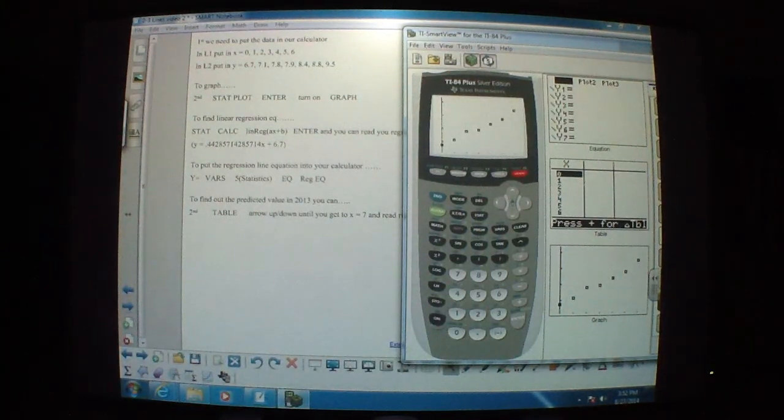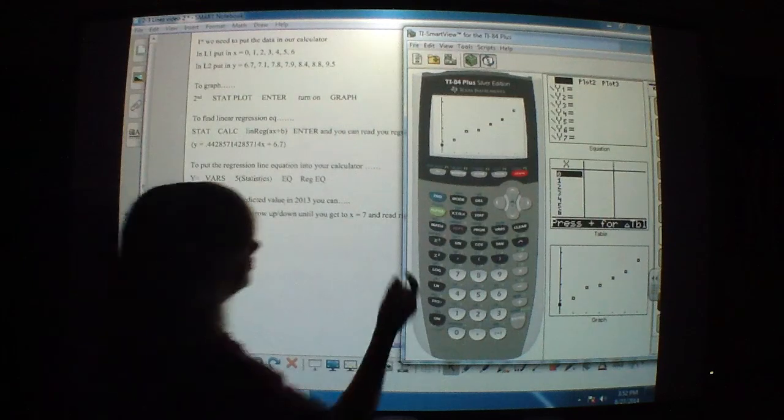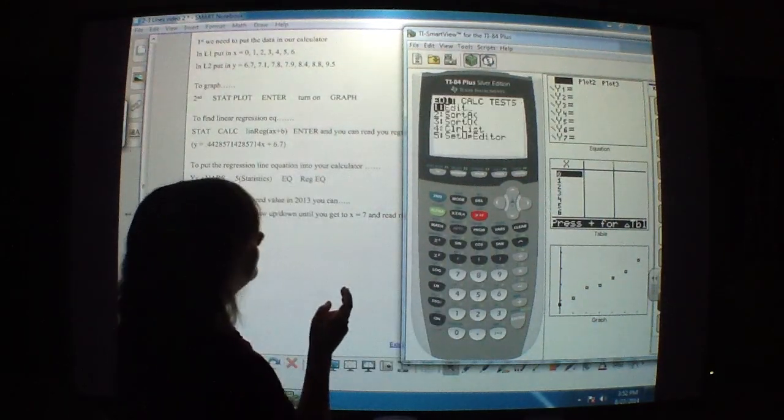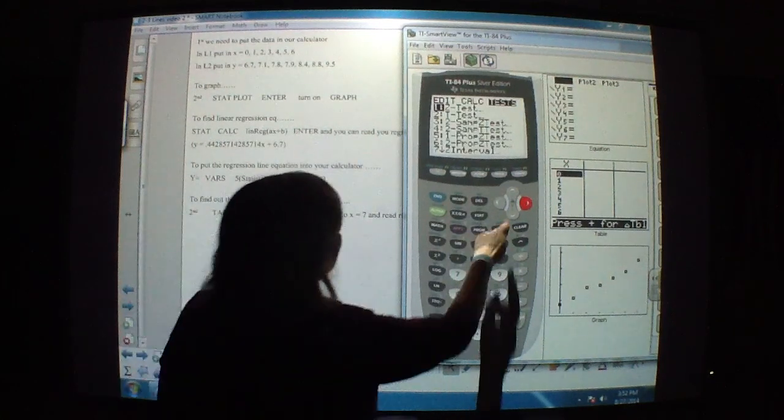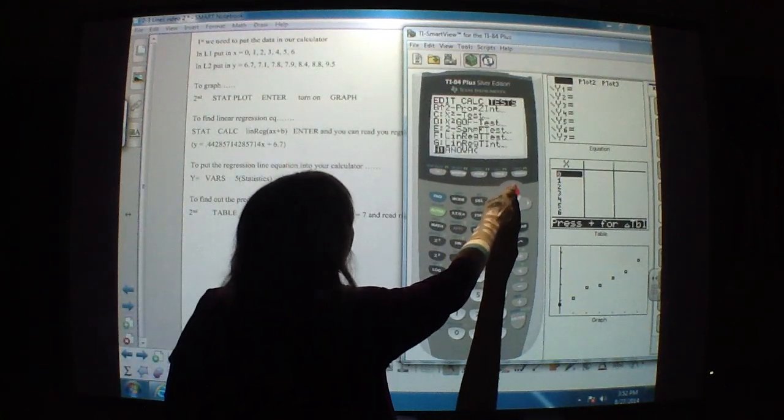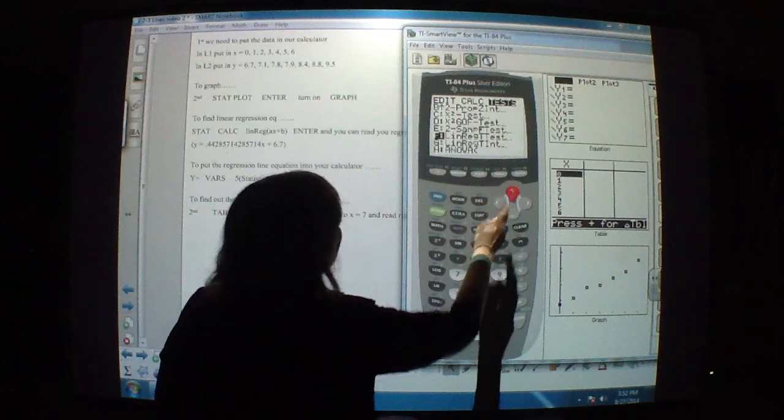And did it graph it? It should graph it. And it didn't graph it. So let me show you another way to do it. I don't know why it didn't graph there. I can do tests, and I know it'll show here. There's a regression equation test somewhere. There's a linear regression. I could do that.